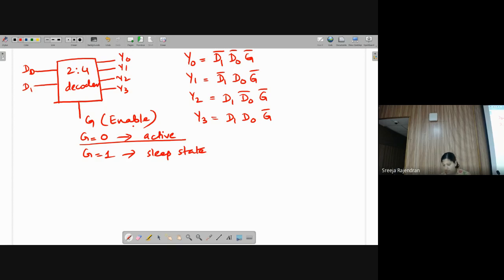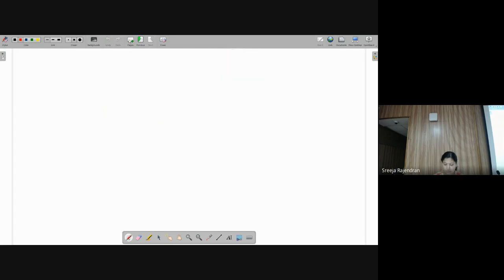Okay. So now let's see where we use a decoder. Decoder is very important. One case where we use a decoder is to select memory. Okay, specific memory. Now you have your smartphone or your laptop, so you store data in your laptop and your phones, right?